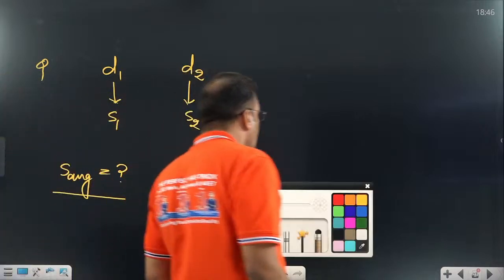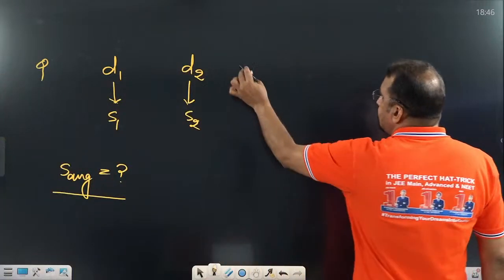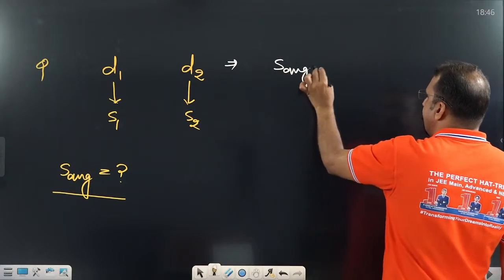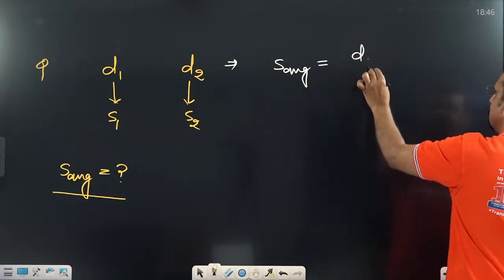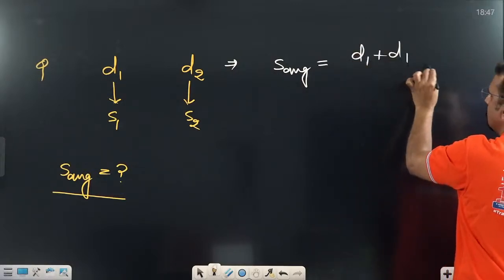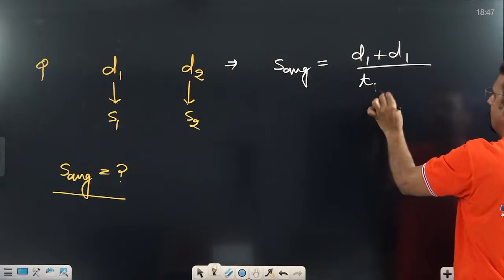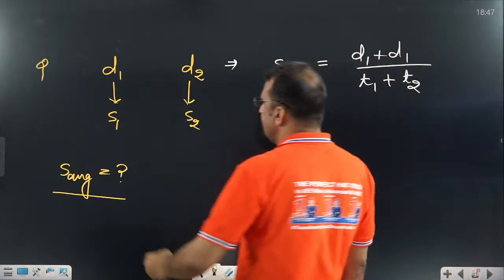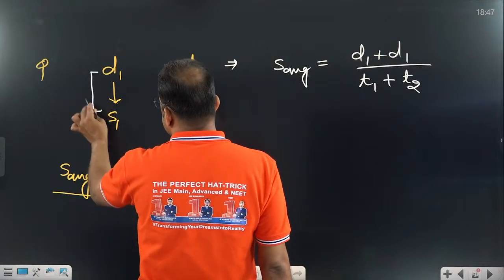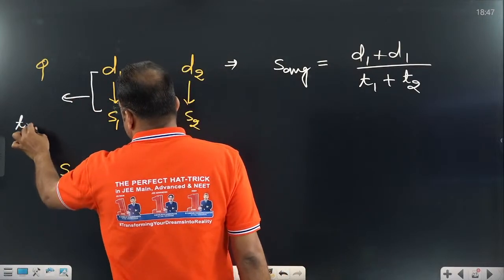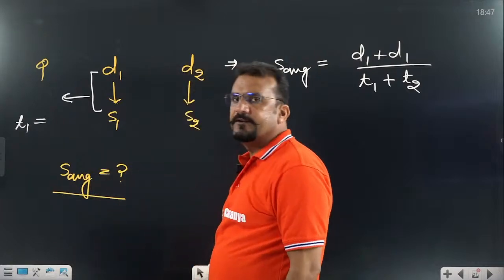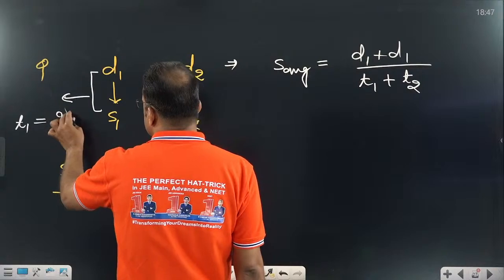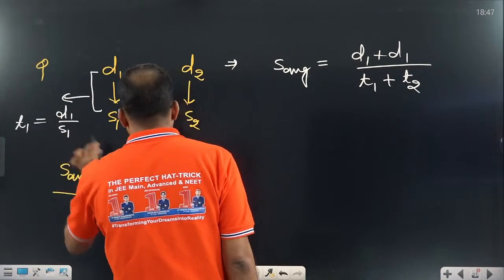In this part, always remember, sir, what do we have to calculate? Average speed. The average speed formula is total distance, let us assume two distances d1 and d2, upon total time t1 and t2. But in this question time is not given. Can we calculate time from this data? Speed equals distance upon time, so time t1 equals distance upon speed, d1 by s1.